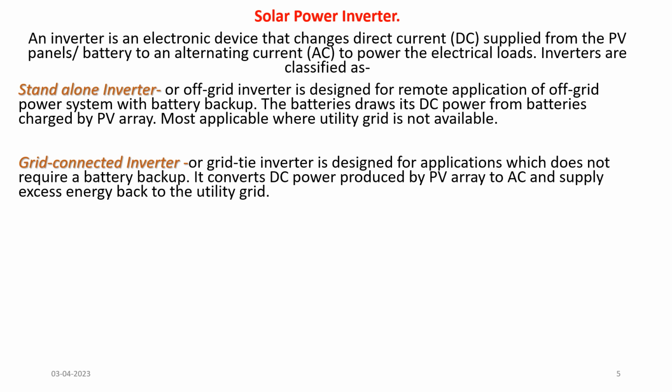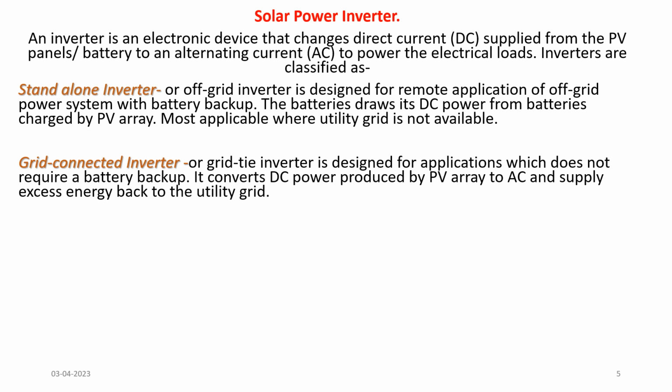This type of inverter, as I was saying earlier, does not require any battery backup, so it is termed a grid-connected inverter. It converts the DC produced by the PV array directly into AC and supplies excess energy back to the utility grid. These types are regarded as grid-connected inverters because they are tied with the grid. They relate with the grid.